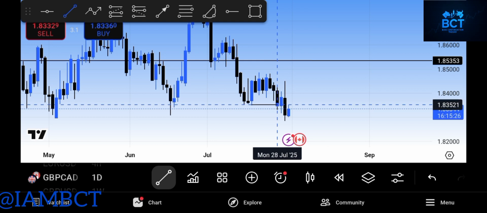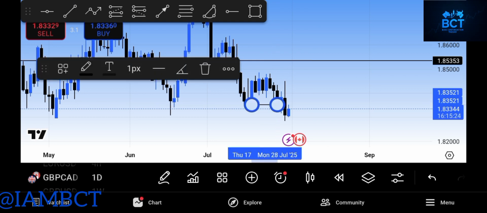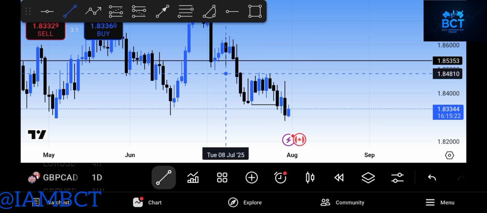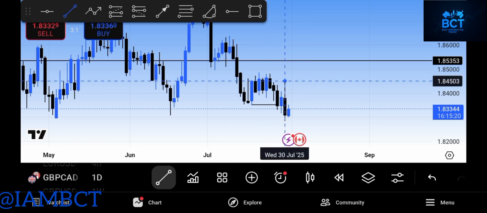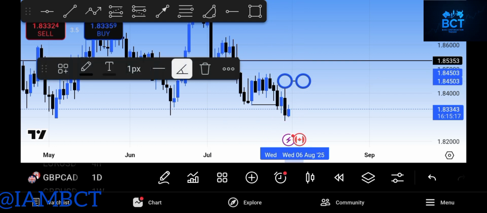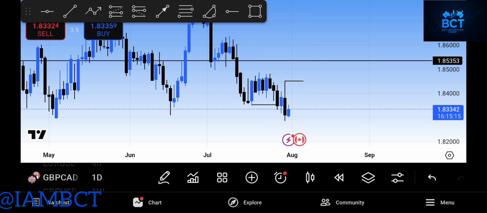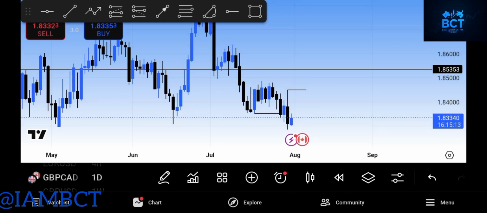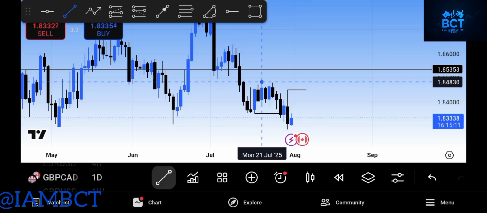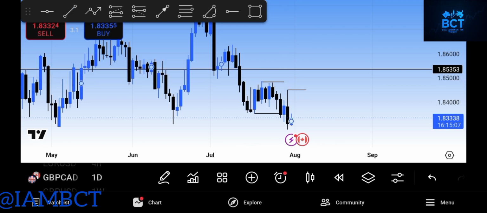Now this is a break of structure right here to the downside, and this is a couple of weak highs that should be taken out, and here too should be taken out.